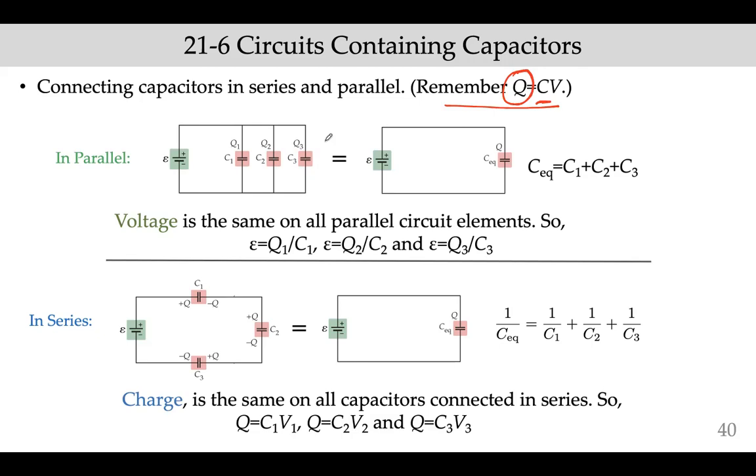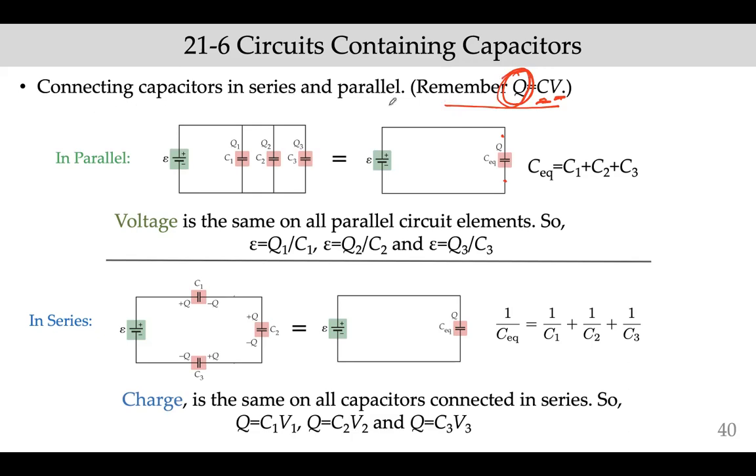It depends on the area of the capacitor, the distance between the plates, and also the dielectric, if you have kappa inside. So Q equals C times the voltage applied between the terminals of the capacitor. That would give you the charge on the capacitor.